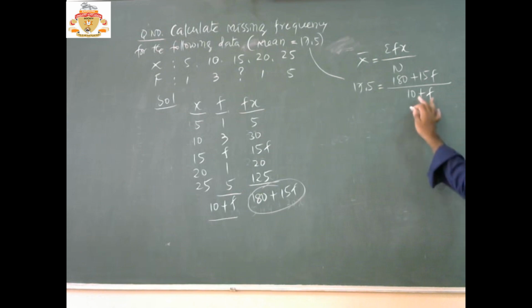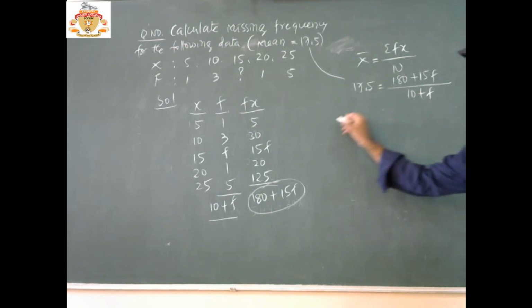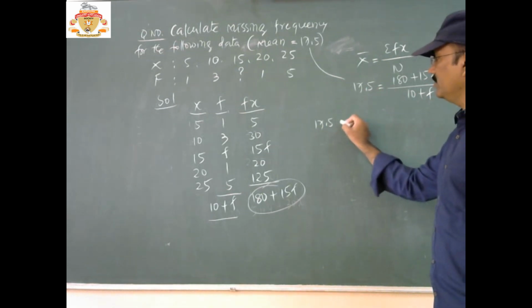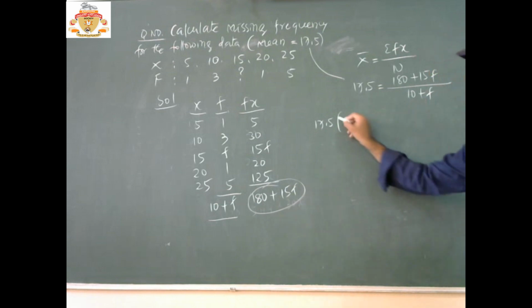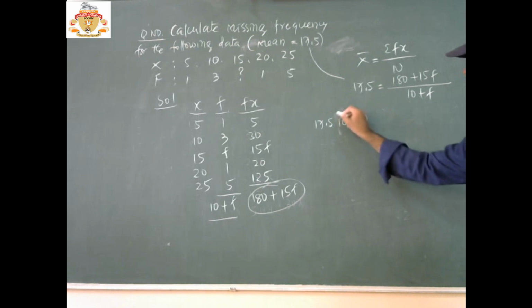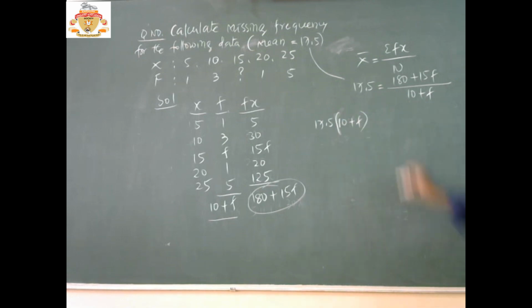Then simplify this. Shift this to this side. So it comes to 17.5 into this 10 plus f. What you have to write: 17.5 into (10 plus f) equal to 180 plus 15f.